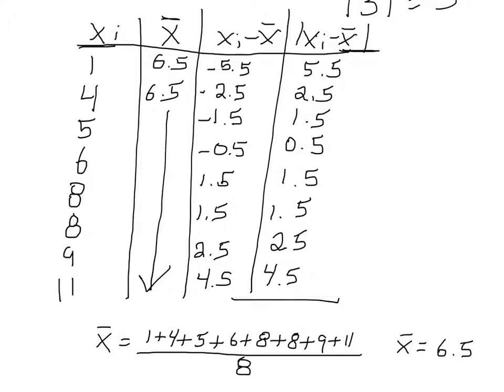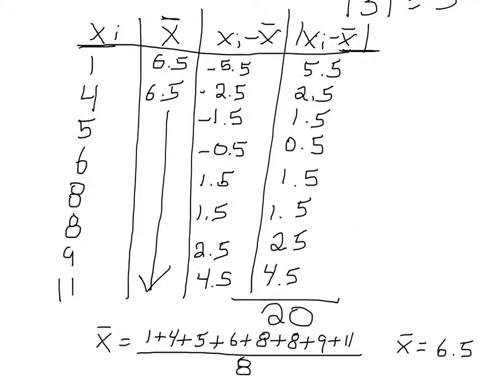We're going to go 5.5 plus 2.5 plus 1.5 plus 0.5 plus 1.5 plus 1.5 plus 2.5 plus 4.5 equals 20. So if we add up all of these numbers, we get 20.